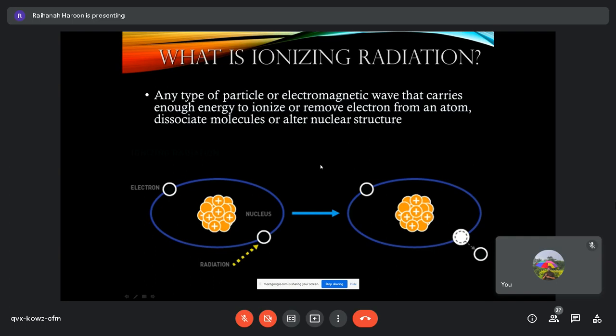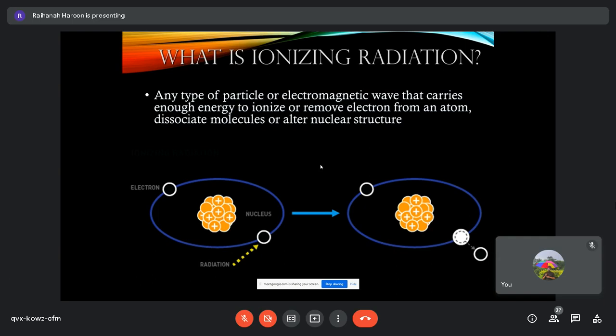And when you remove an electron, you are changing the atom from a stable state to an unstable state. This is where reactive oxygen species come from, which are a precursor to cancer. That is the basis of how cancer happens after irradiation.